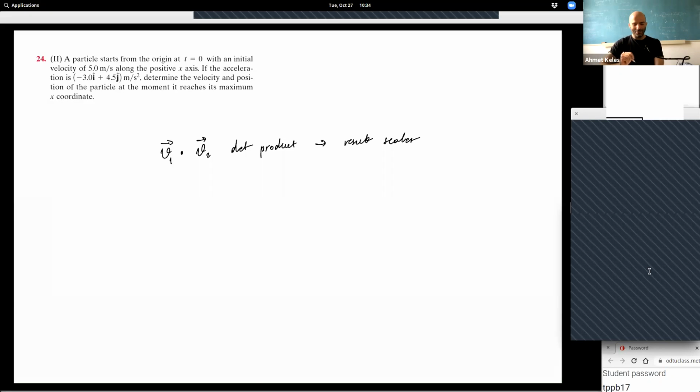But that's not the only kind of vector multiplication. There's also the cross product. You can do a vector multiplication like this. They call this cross product. And the result, maybe I should write the result, is also a vector.